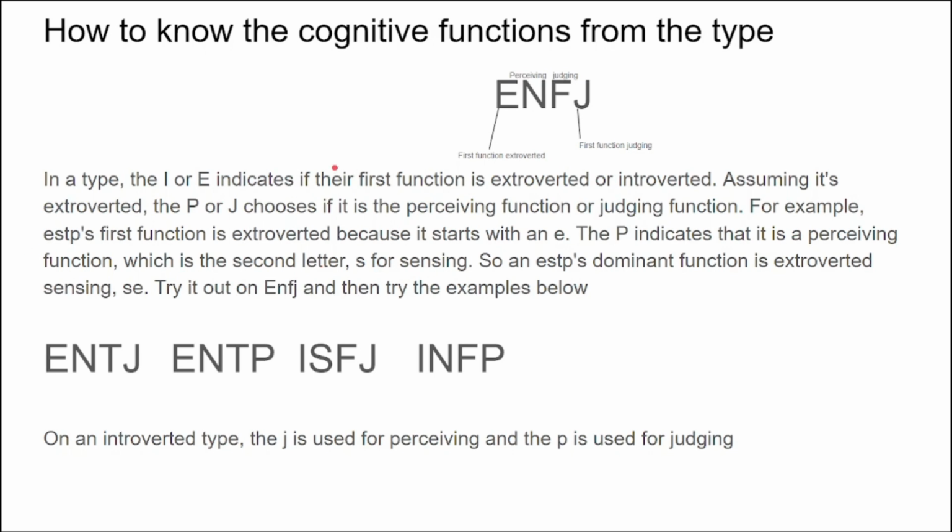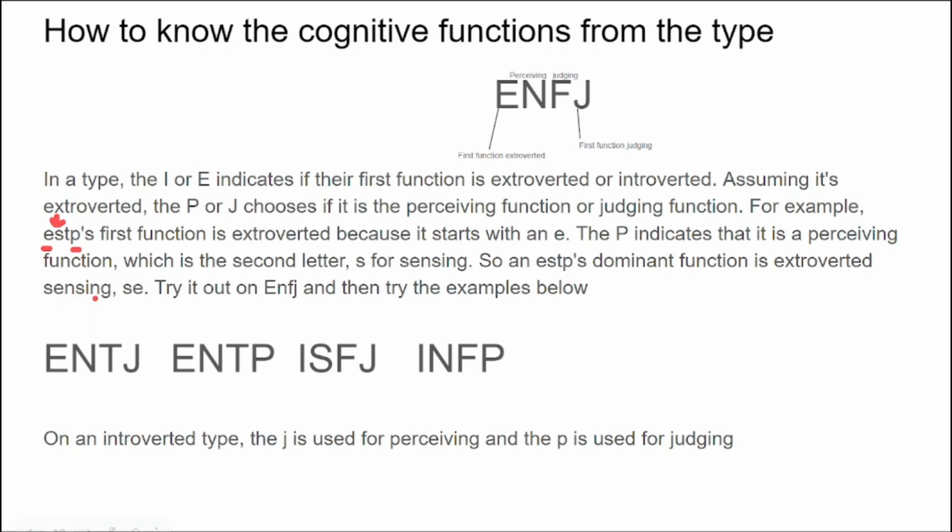So the dominant function is SE. An ESTP's dominant function is extroverted sensing, SE.